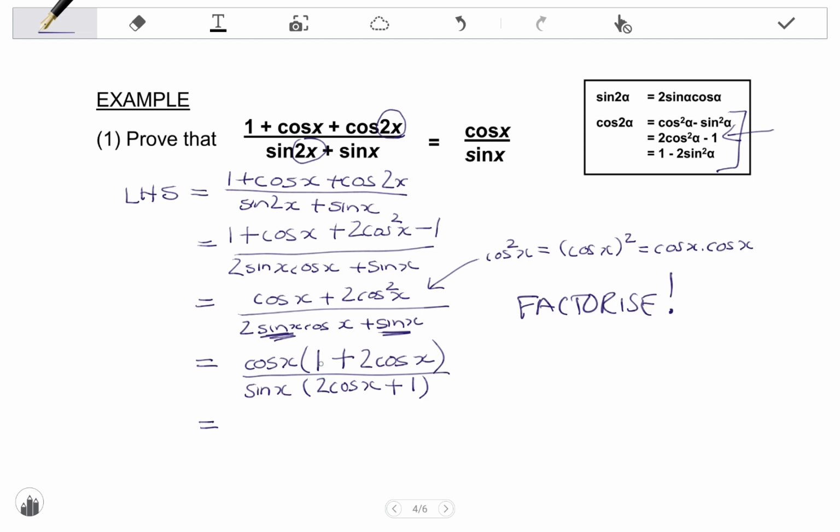So I have a positive 1 in the numerator, positive 1 in the denominator bracket, and a positive 2 cos x, positive 2 cos x. So those brackets are identical, and I can cancel them out, and I'm left with cos x over sine x, which happens to be the right-hand side. And I finish my proof of the identity by writing that equals right-hand side.